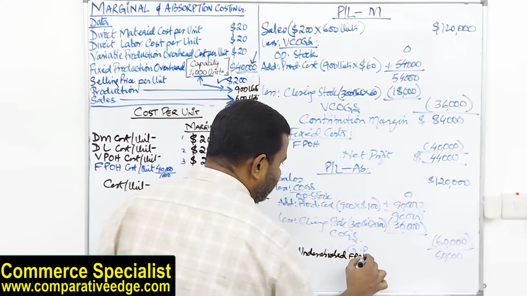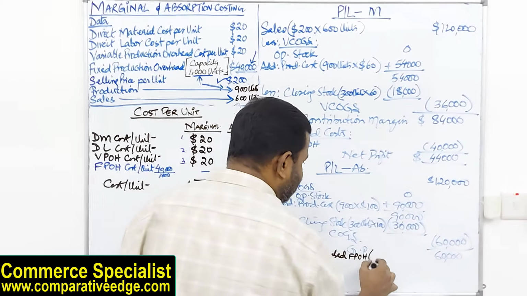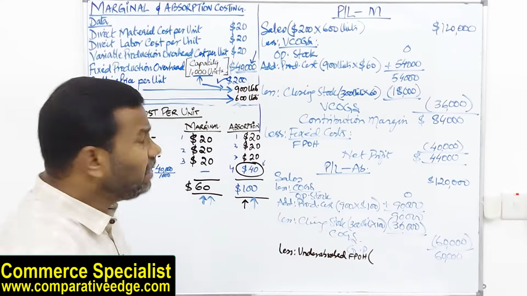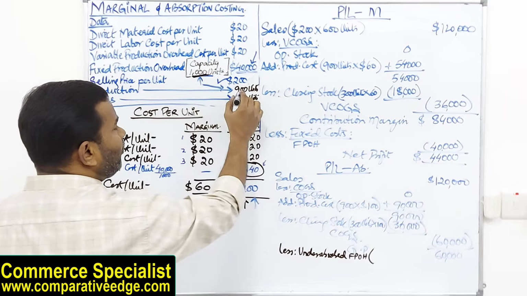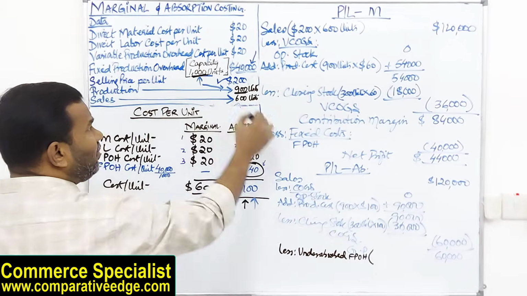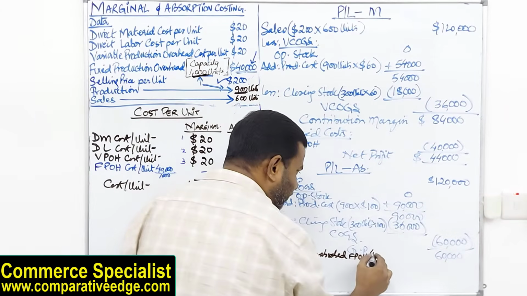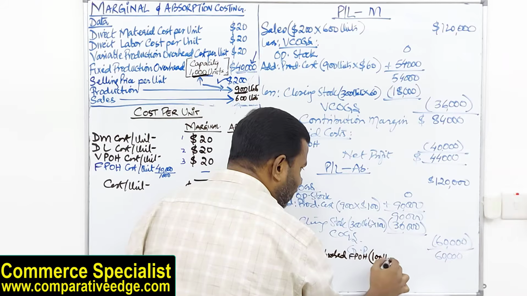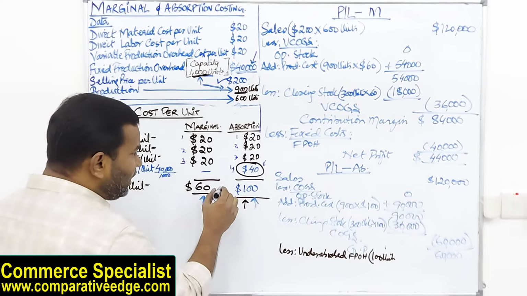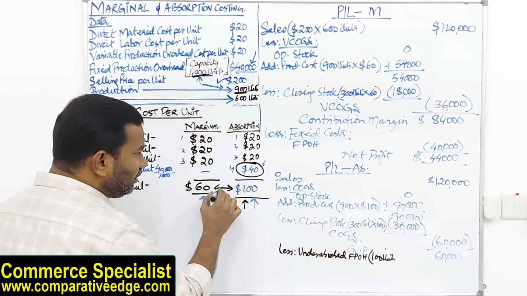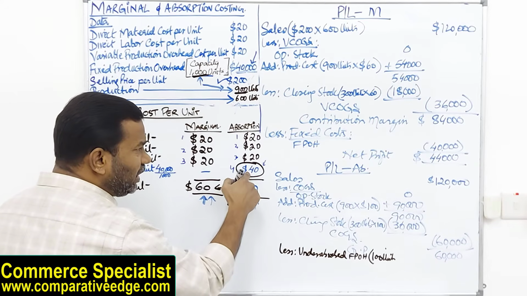fixed production overhead. And for your understanding of how to calculate, first you look at the number of units. Capacity is 1000 units and your production is just 900. So how many units are you not making which you could have made? 100 units. This is your under absorbed units into the difference in cost per unit. 140 minus 100 is this 40.